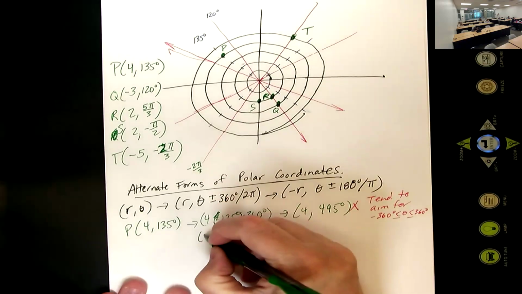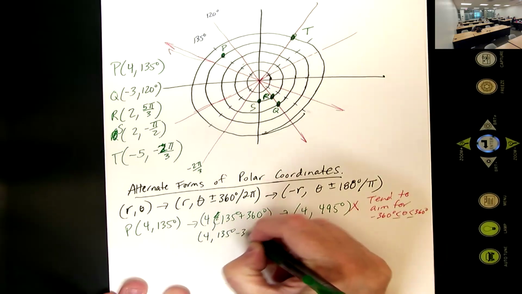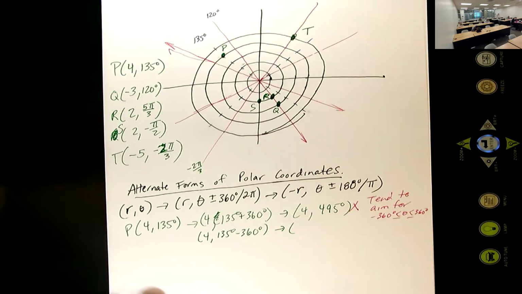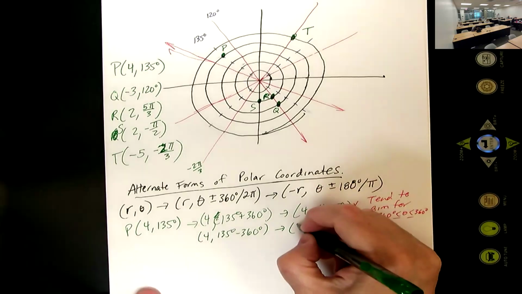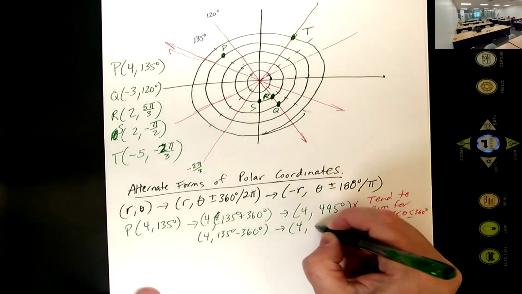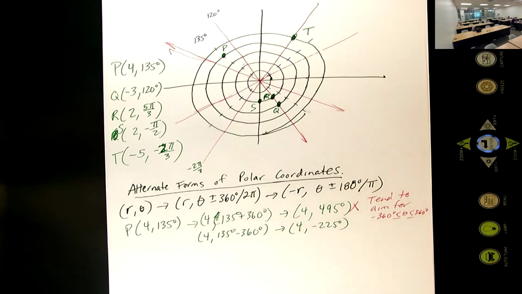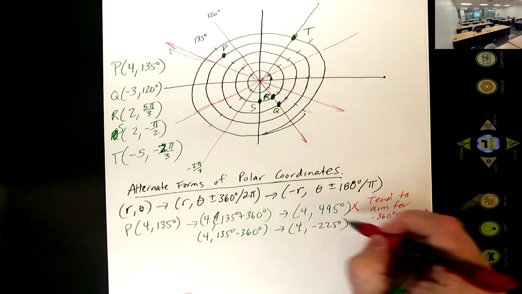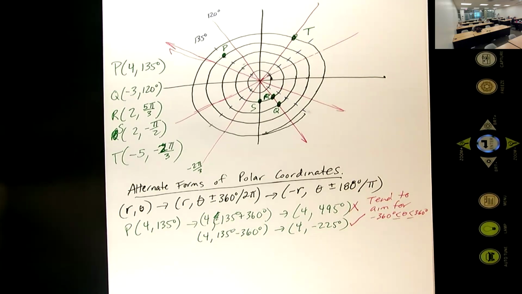But if we did the minus, what am I getting here, 225, negative 225? The other option, and this is one I would likely use, is between negative 360 and 360, I like it.